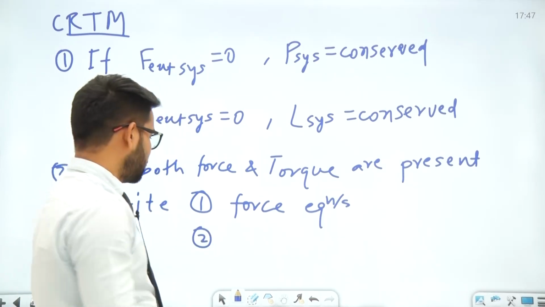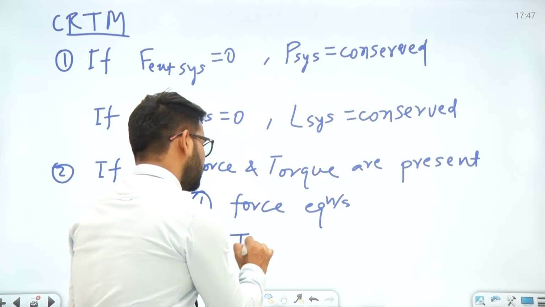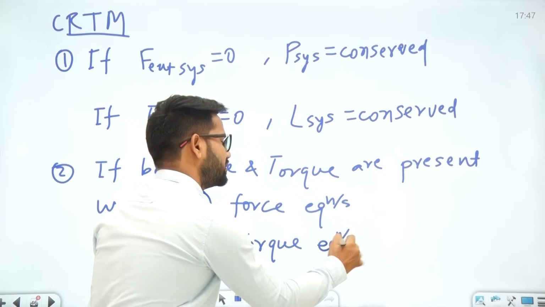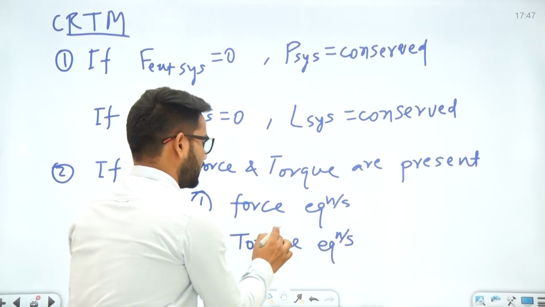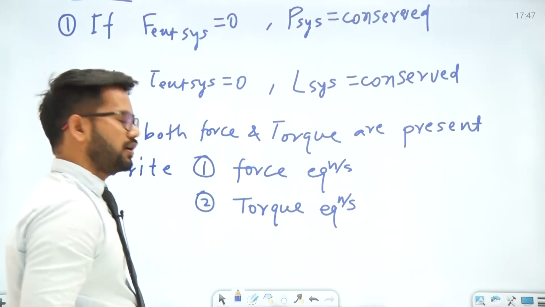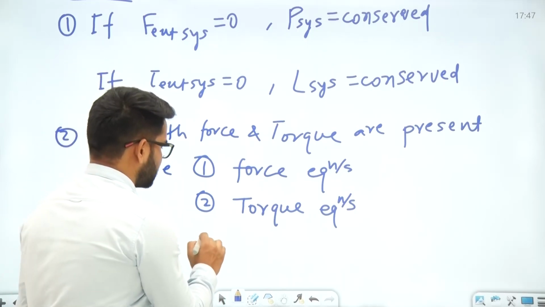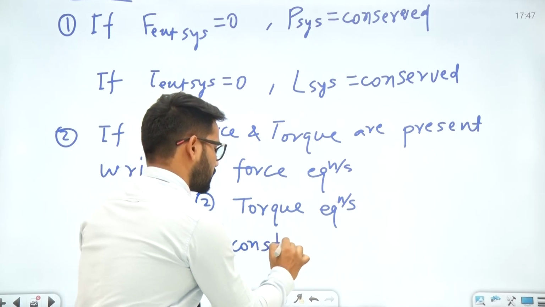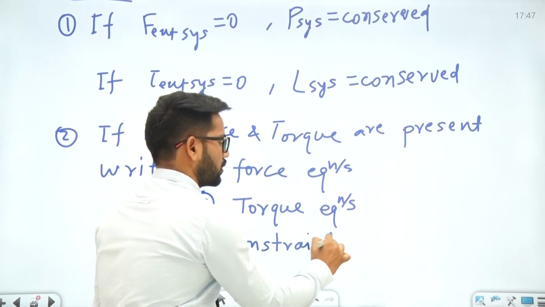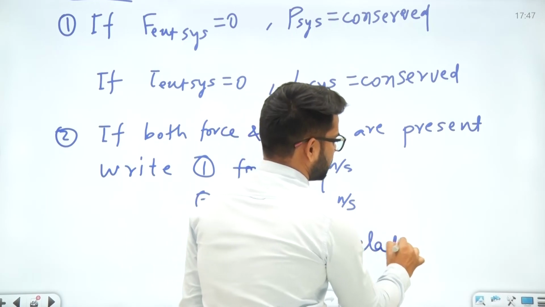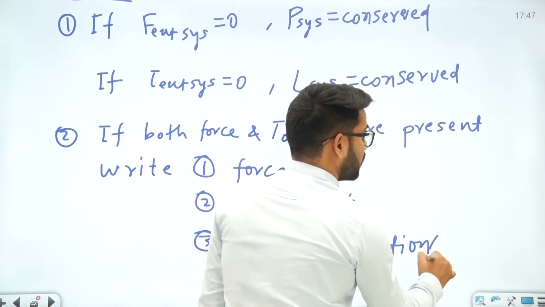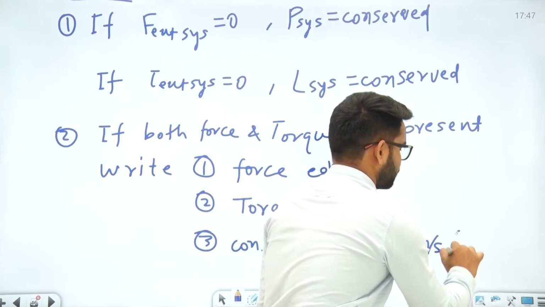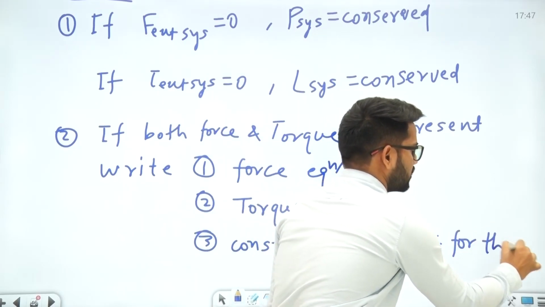For rotational motion, you have to write torque equation or equations. Then you can also get constraint relation for the system. Constraint relation, one or more than one can also be found for the system.